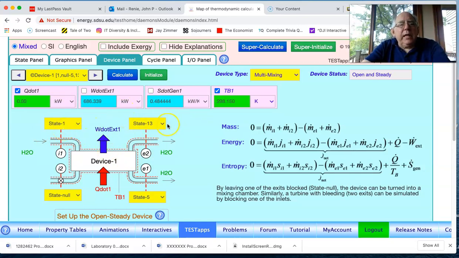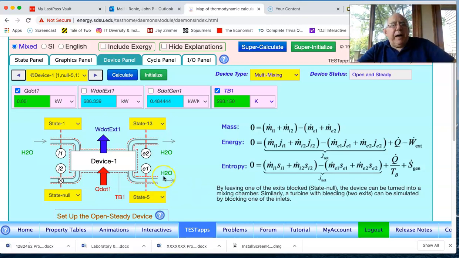Coming out is the amount of mass that left to go over to the campus. Okay, and so that's coming out. And then we have the remaining mass, which is state 5, that went through the rest of the turbine.